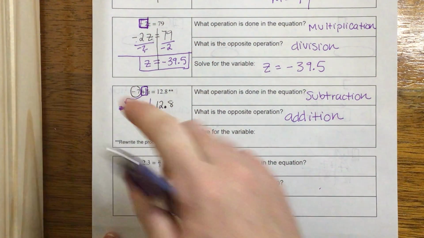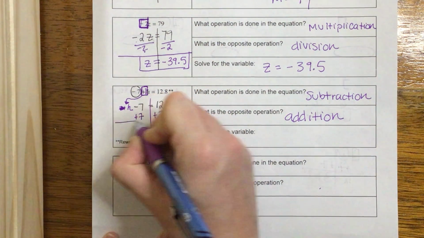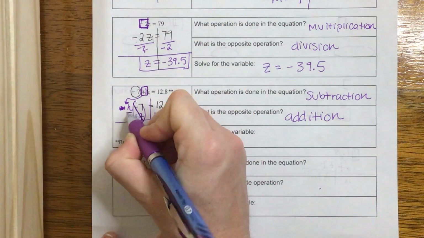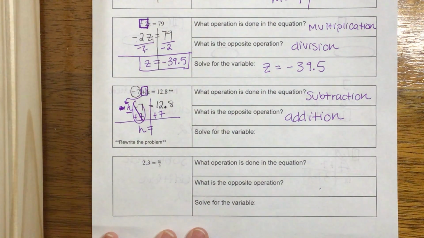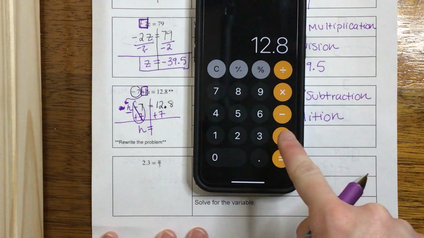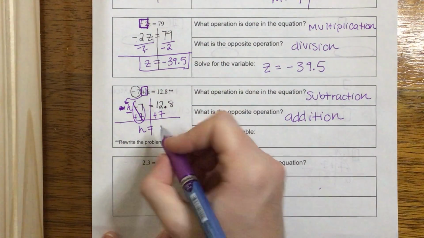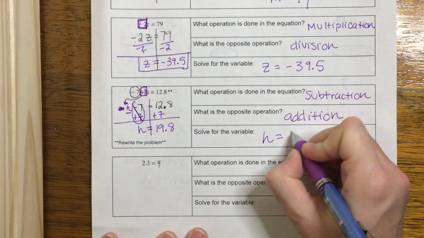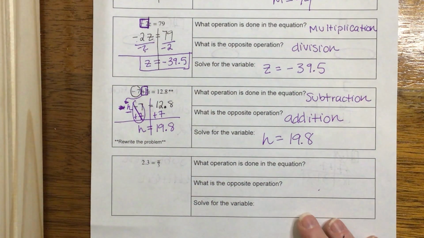The opposite of subtracting 7 is adding 7. So since those are opposites, they cancel each other out. I'm left with h. We're going to use our calculator. 12.8 plus 7 is 19.8. So h equals 19.8.